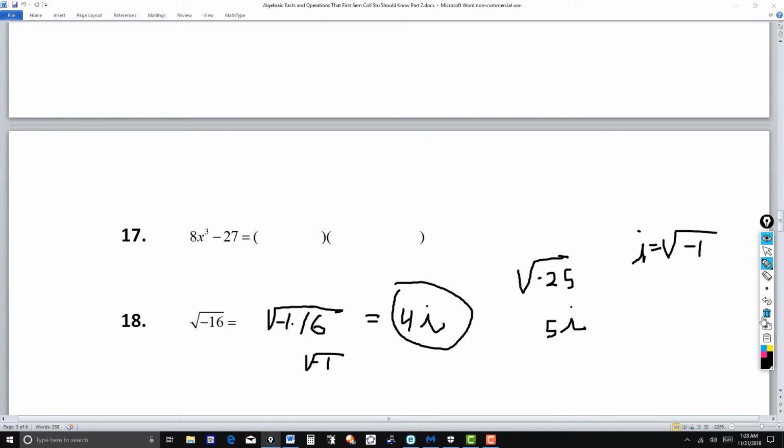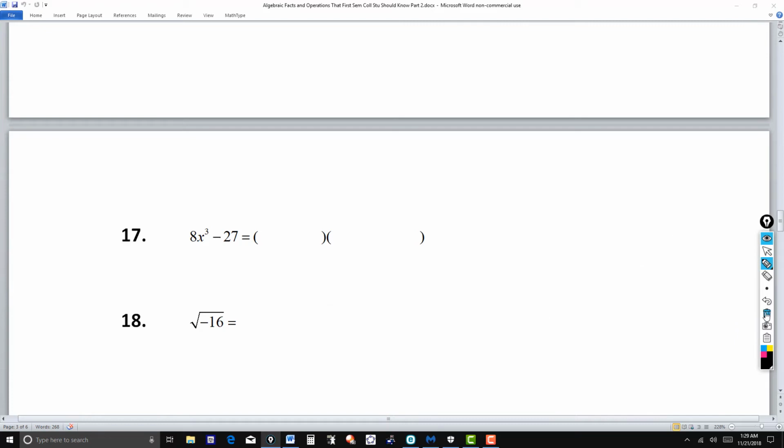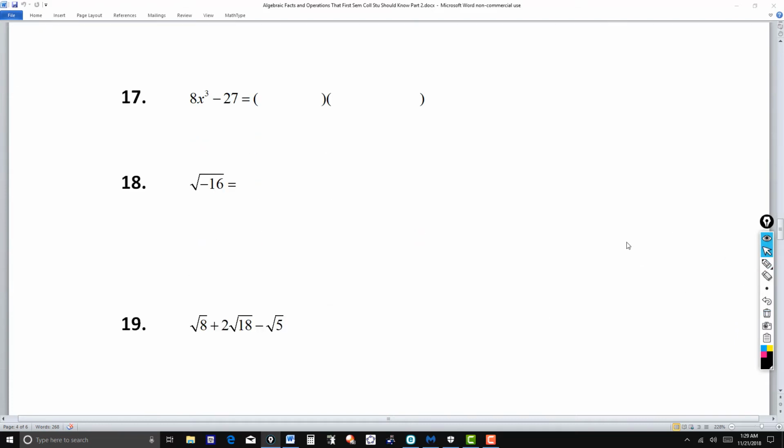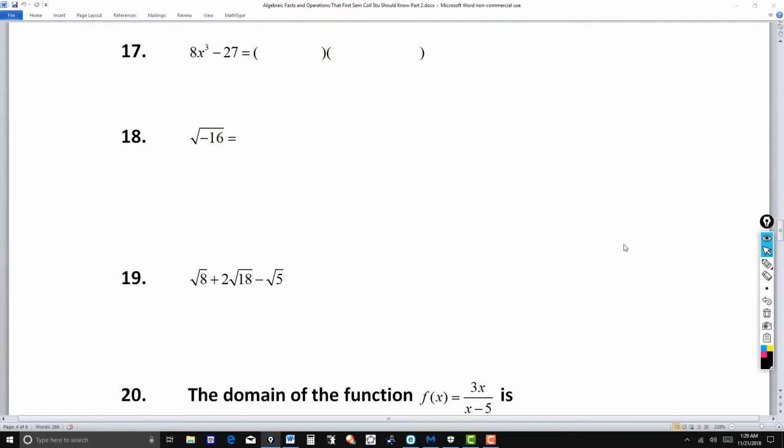Clear this. Look at the next one. Here we want to simplify, combine this expression. Okay, so let's just say under the radical here, the 8 can be written as 4 times 2.